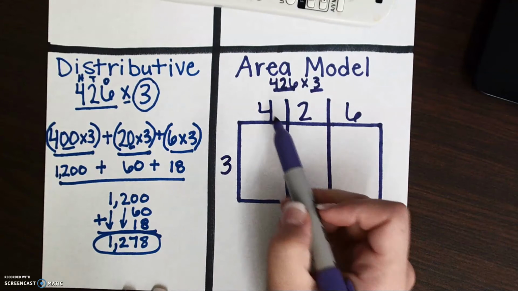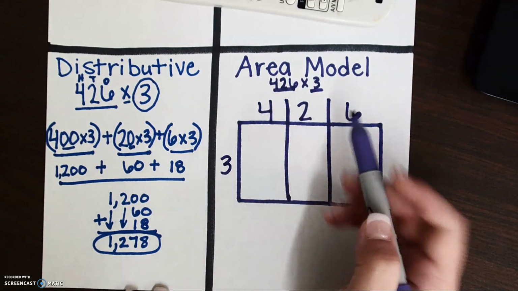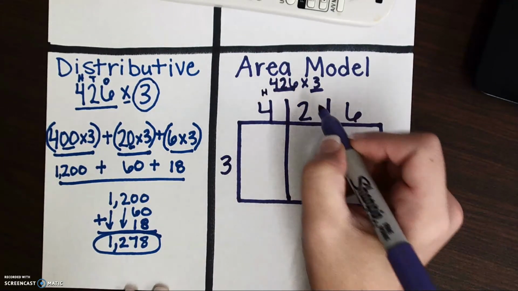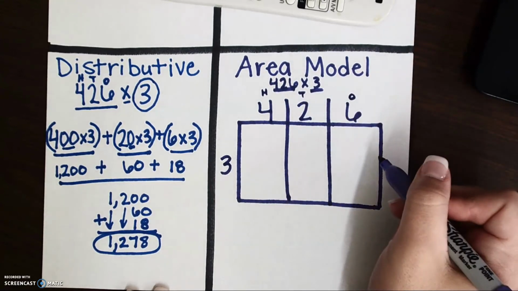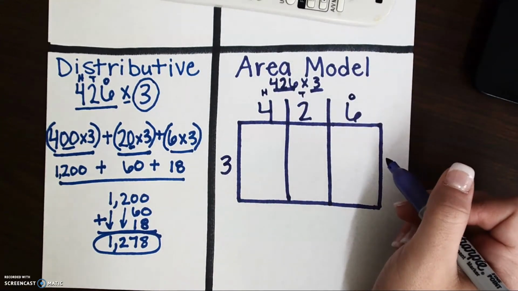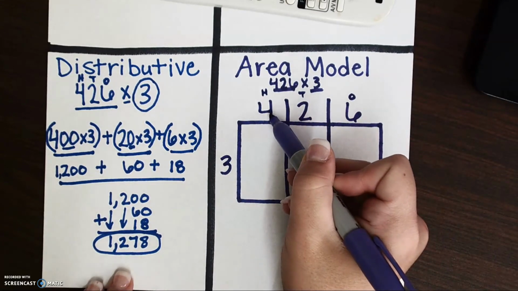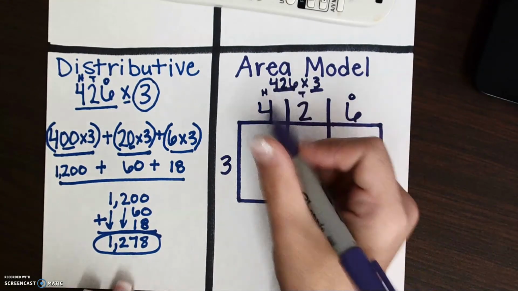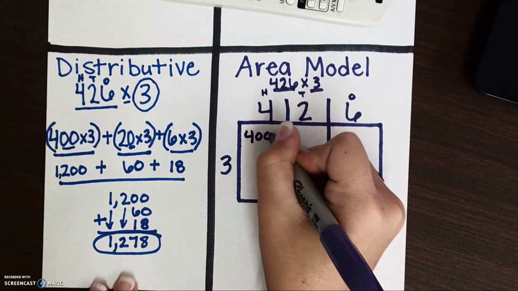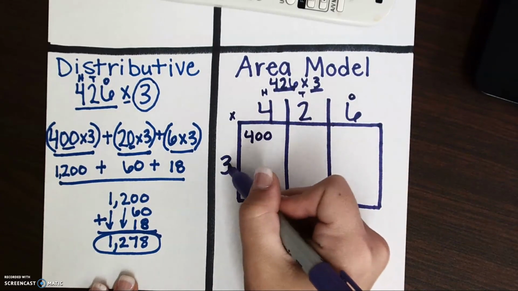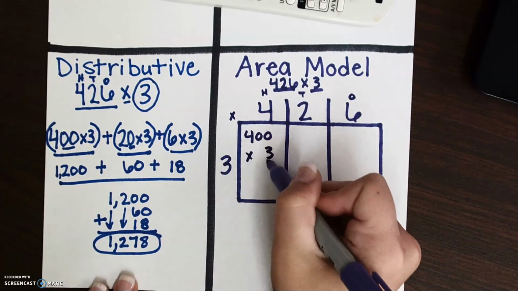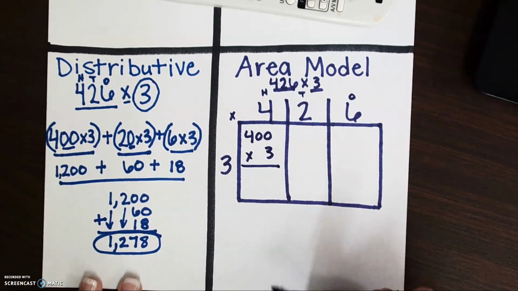Now we got to remember how much each of these is worth. Again, if it helps you put the H for hundreds, the T for tens, and the 0 for the ones, then you can do that to help you out. So I know my 4 is in the hundreds place, so I'm going to have 400 times my width, 3. 400 times 3 in this box.